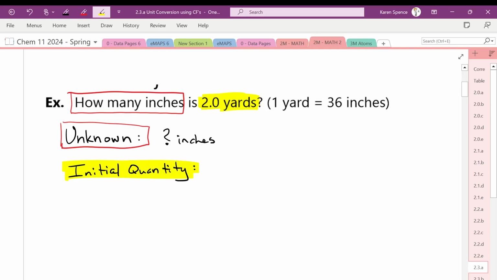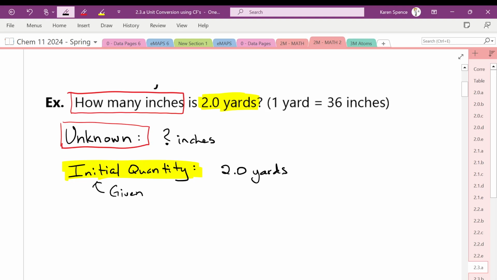That is our initial quantity. That's what's given in the question. I could have called these things the given, but Hebden calls it the initial quantity, and I wanted to be consistent with what Hebden does if you use that for extra problems. Okay, so our initial quantity is the 2 yards. So we have 2.0 yards.